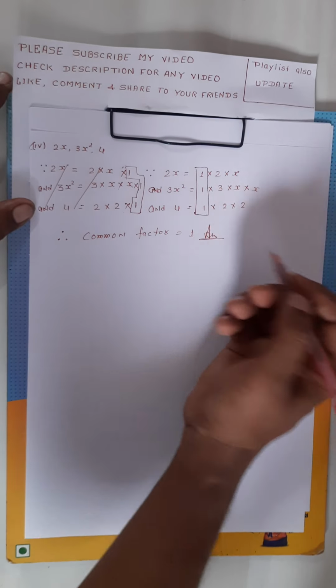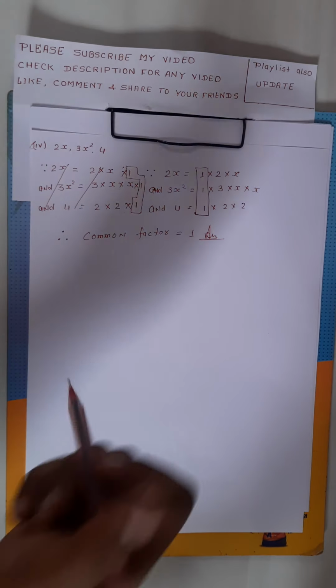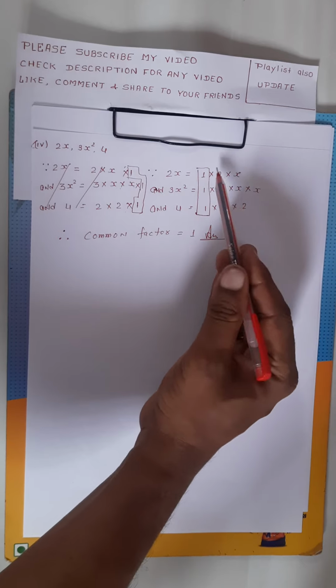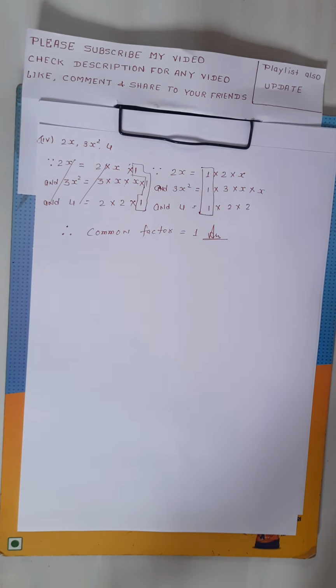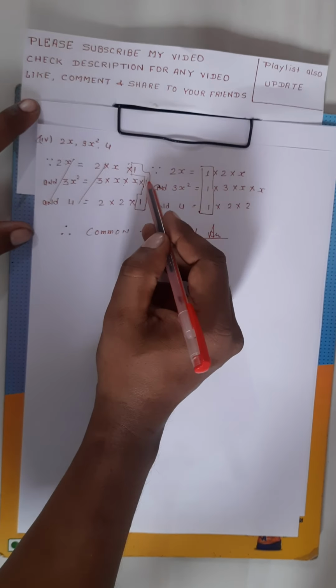We do this only for questions where we did not find a common factor. So we can write 1 into 2 into x, 1 into 3 into x into x. That means we take 1 as the common factor, because 1 is a factor of all numbers.